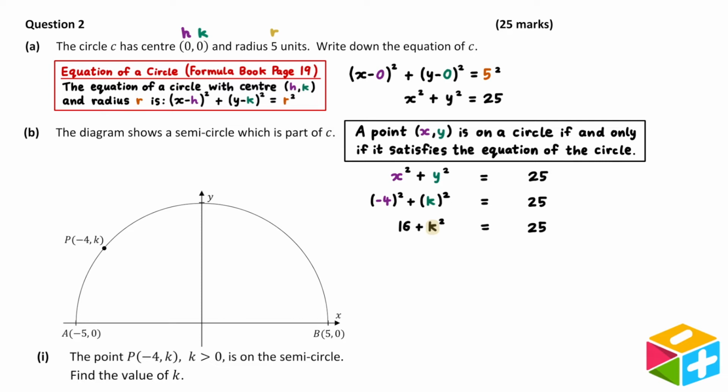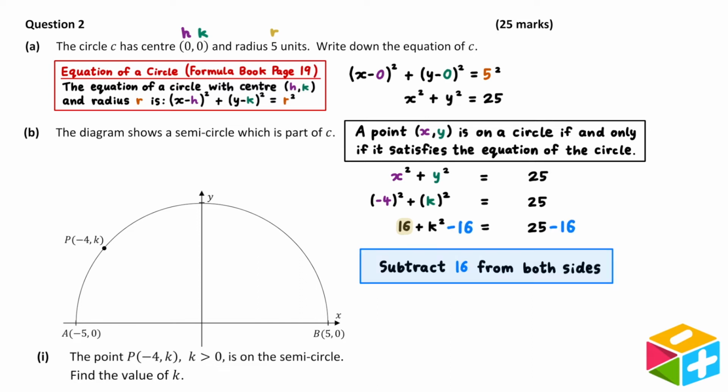To do this, we'll need to remove the 16 and the square. Let's start by removing the 16. This 16 represents addition. The inverse of addition is subtraction, so to remove plus 16, we should subtract 16 from both sides.